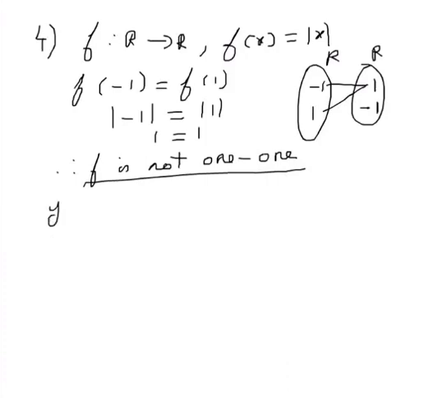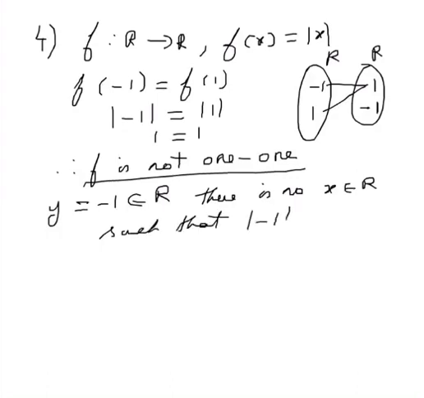For example, let us take y is equal to minus 1 belonging to the real number set codomain R. For y is equal to minus 1 belonging to R, there is no x belonging to R such that modulus of x becomes minus 1. Therefore, f is not onto.